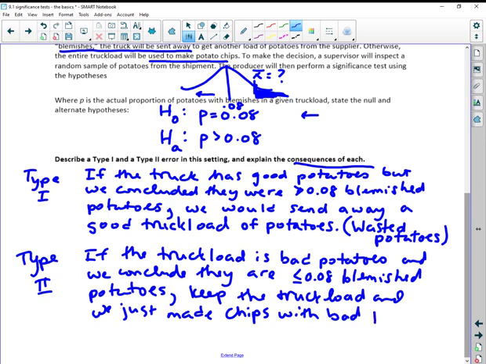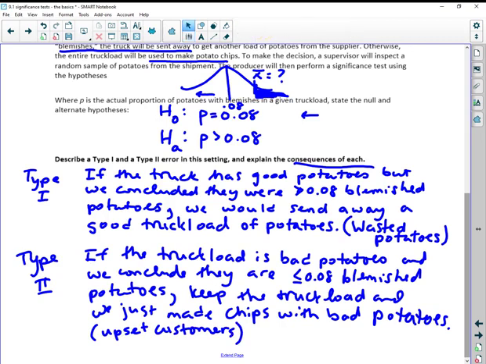Now that is going to be a bad consequence with our clients. So we would probably have upset customers, and if we have that happen too many times, then nobody's going to be in business because we'll be out of business, and the person sending us truckloads of potatoes, we won't need them because we won't be making any chips.